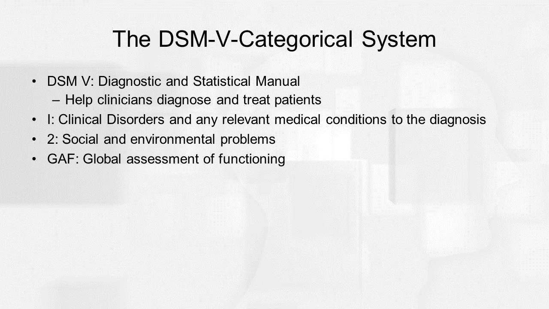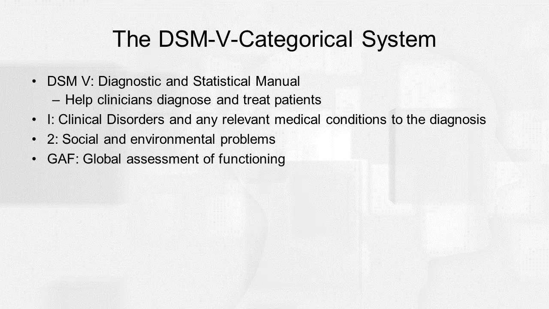The DSM-5 has moved more toward a categorical system of identification. It used to be that the DSM used axes. So when a client would come in and they would do a clinical intake, that clinician then would write what they found on 5 different axes. But that's not the case now. Now it's a more categorical system. And the clinician will write out on line 1 any clinical disorders or any relevant medical conditions that they are diagnosing within the client.